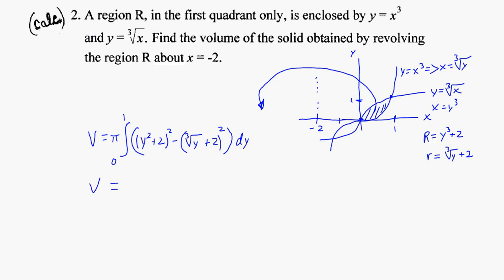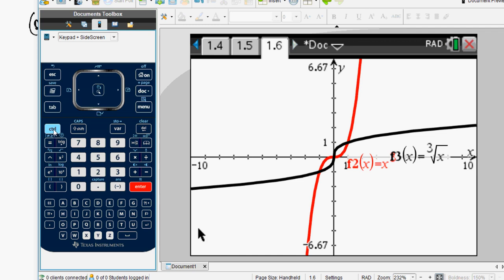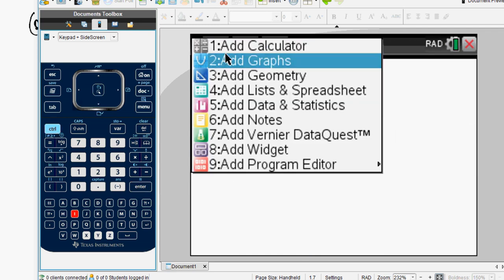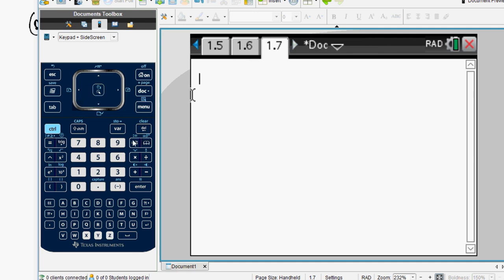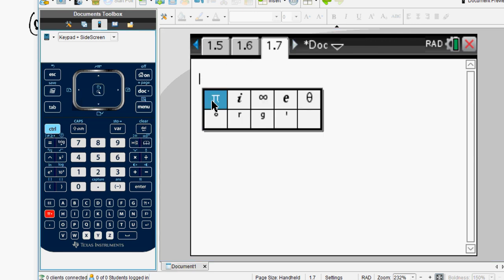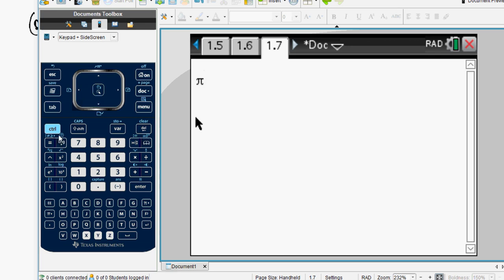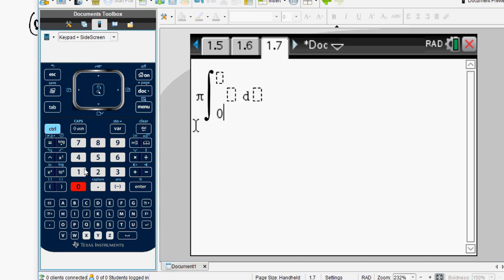So we go to our calculator, get a calculator page, Control I, add calculator, and we start out with pi. The integral, use our hotkey, shift plus sign, 0 to 1. And then we have parentheses here, and then a second parentheses, because we're going to have to square this.